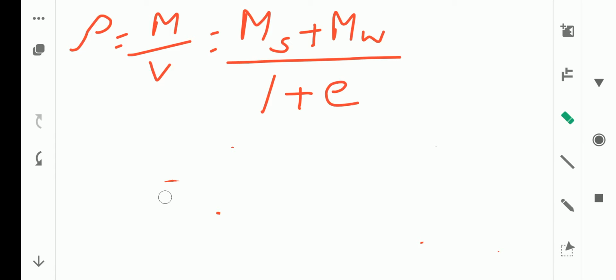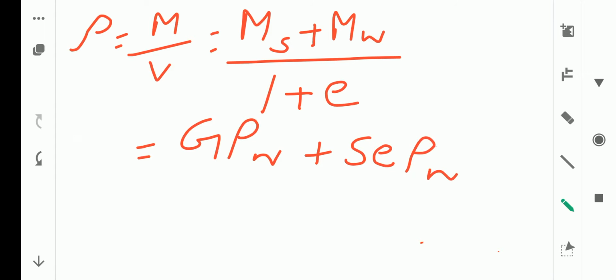So we can write mass of solids as G rho W plus mass of water. What will be mass of water? In the very same manner, we can write mass of water as SE into rho W. Why have we written mass of water?